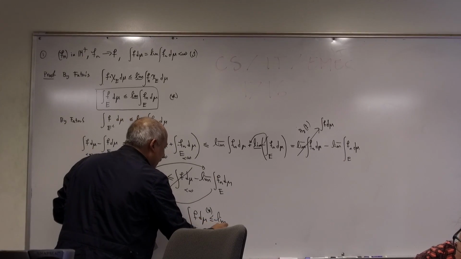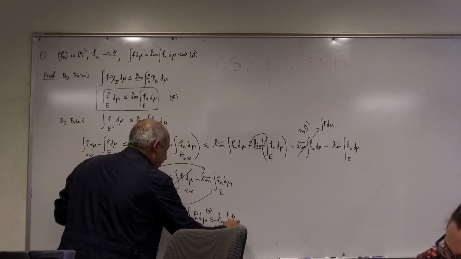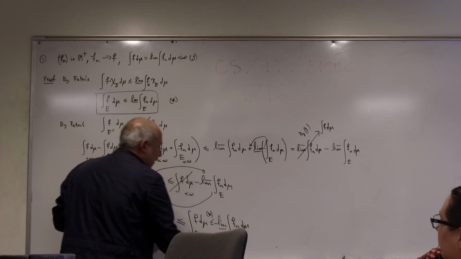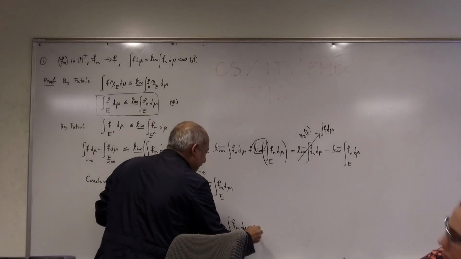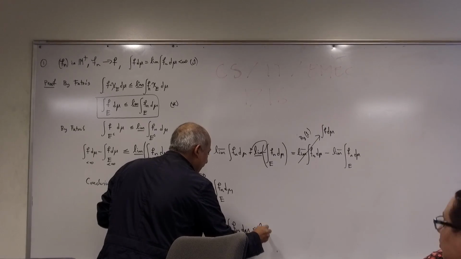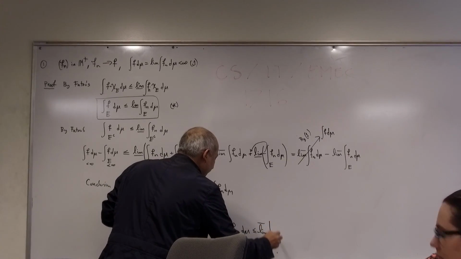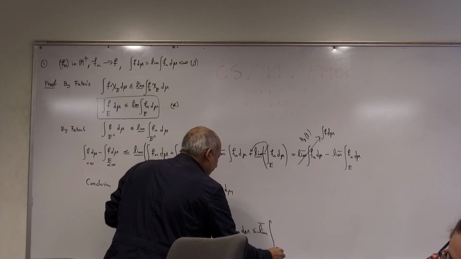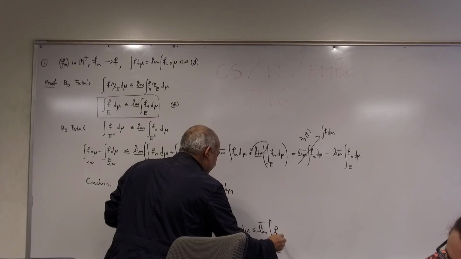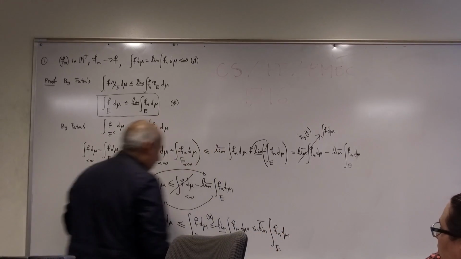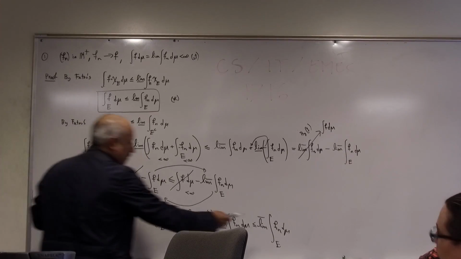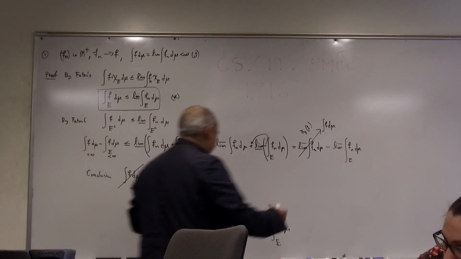This is less than or equal than the lim inf, and the lim inf is less than or equal than the lim sup of the integral of f n on E d mu, since the infimum is less than the supremum.